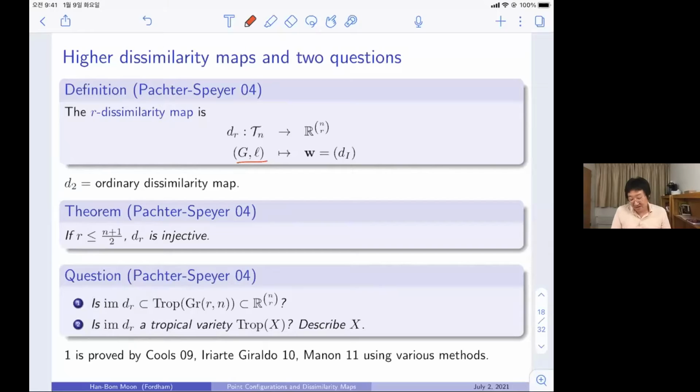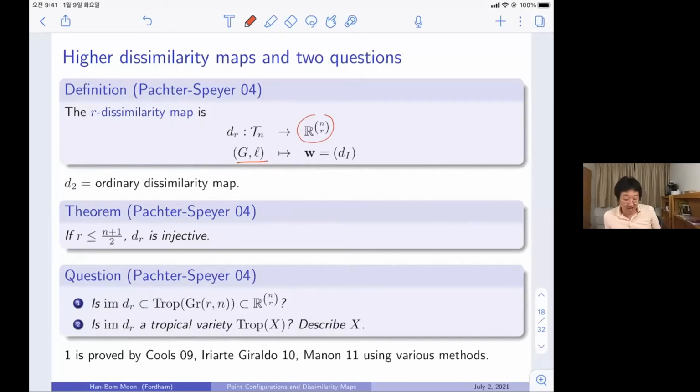But they left two remaining very interesting and tempting questions. The first question is that they calculated a lot of examples, and it turned out that the image of D_r, which is obviously inside R to the n choose r by definition, but surprisingly, it seems that the image is contained in the tropicalization of the Grassmannian Gr(r,n).